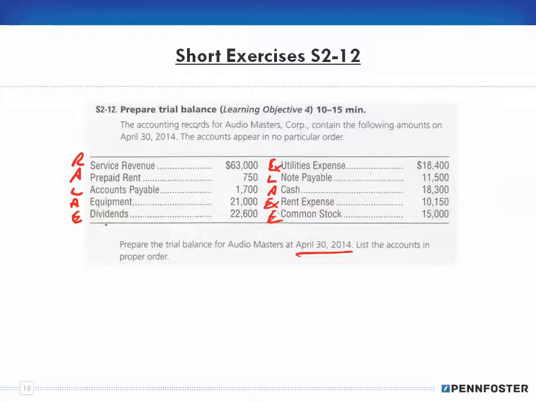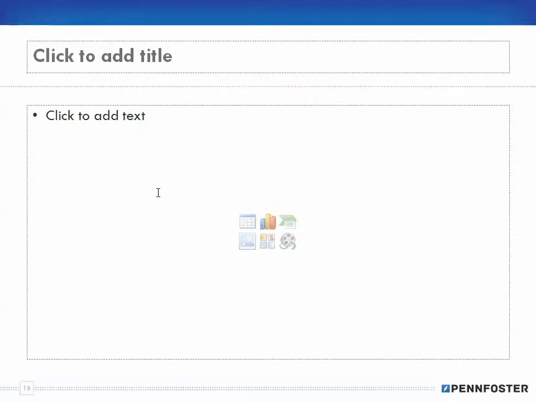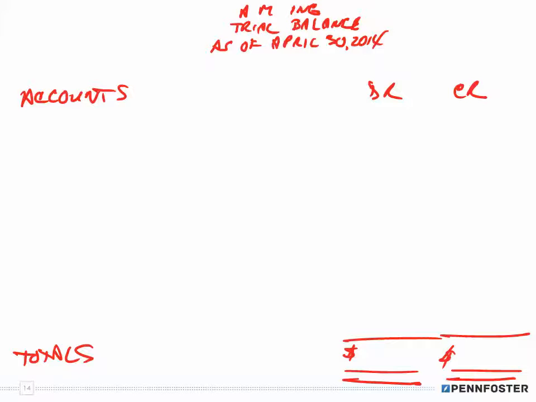So we're going to take our asset accounts first. In this case, we have prepaid rent, equipment, and cash, and we're going to list those first.